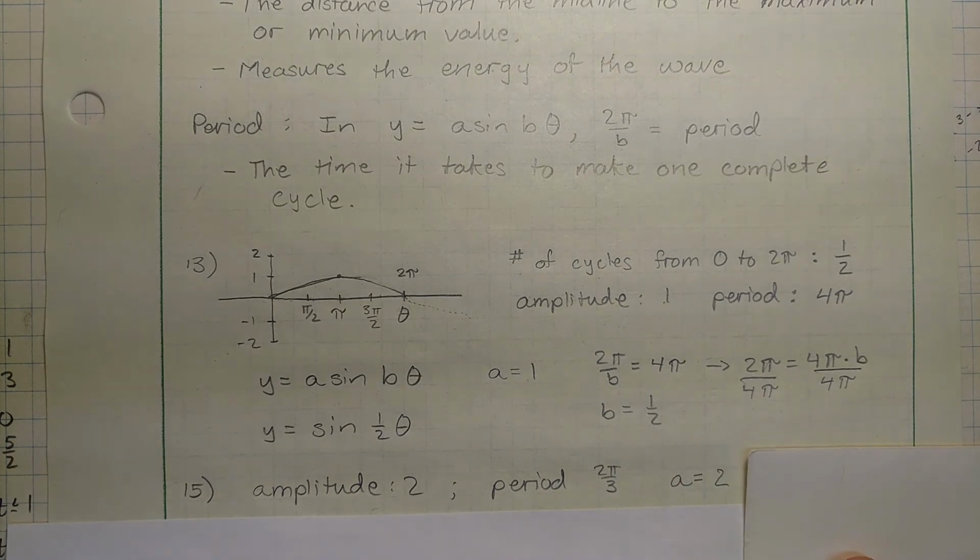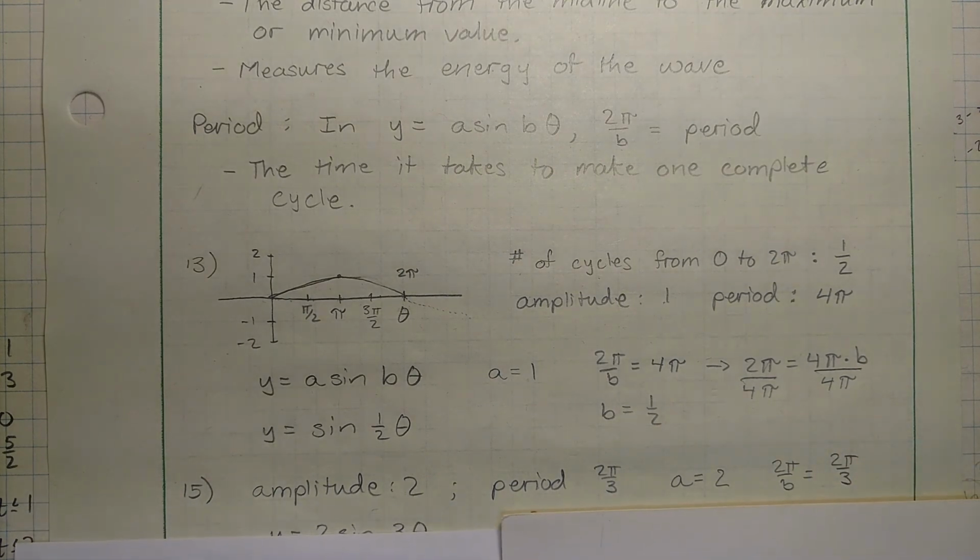So we find A here being 2, because amplitude is 2. And if the period is 2 pi over 3, I can solve 2 pi over B is equal to 2 pi over 3. So I see B is 3. So I know my equation is going to be y equals 2 sine of 3 theta.